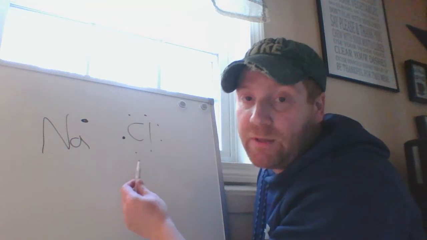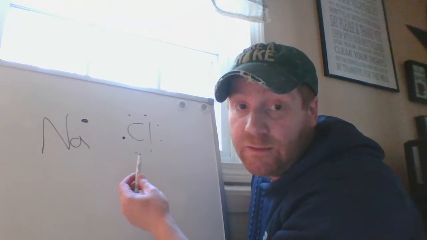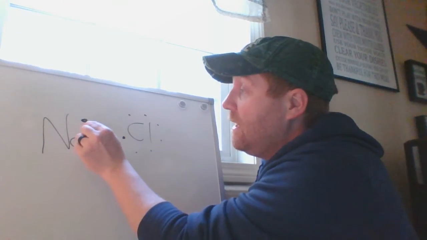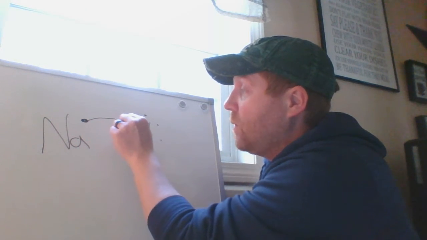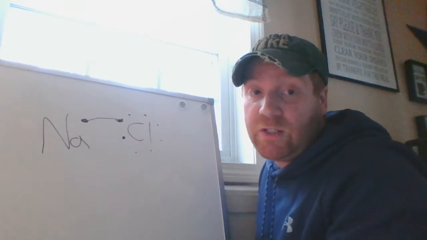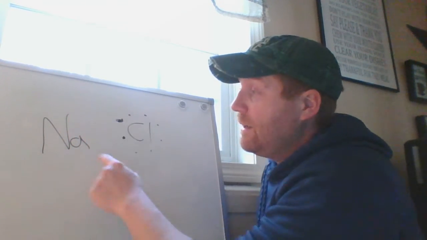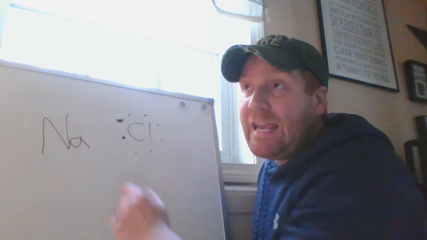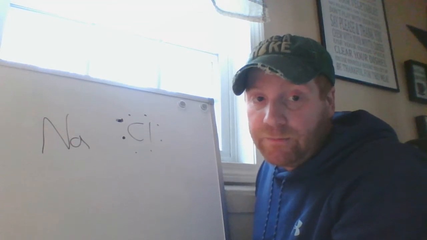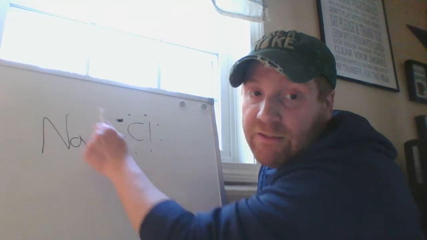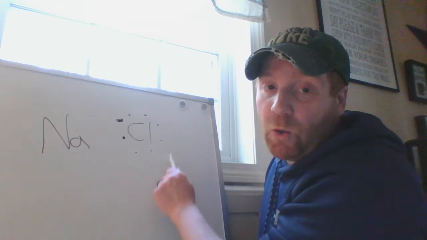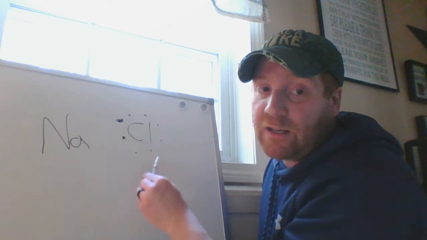So what's going to happen in an ionic bond? This electron is going to shift. It's going to actually get transferred. It's going to jump from sodium to chlorine, making sodium's inner shell stable with 8 electrons, even though it's not shown, and chlorine has its 8 valence electrons.